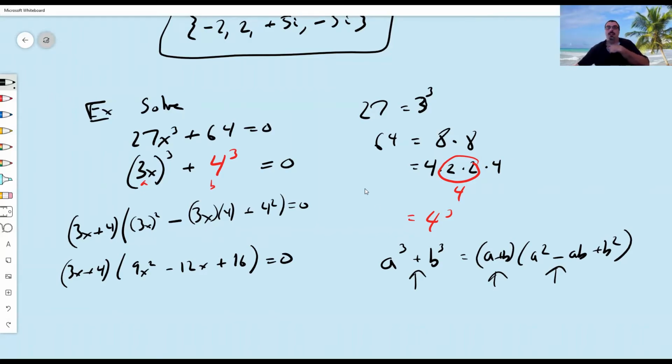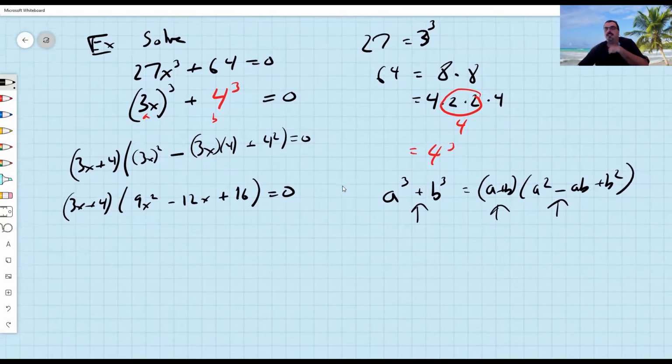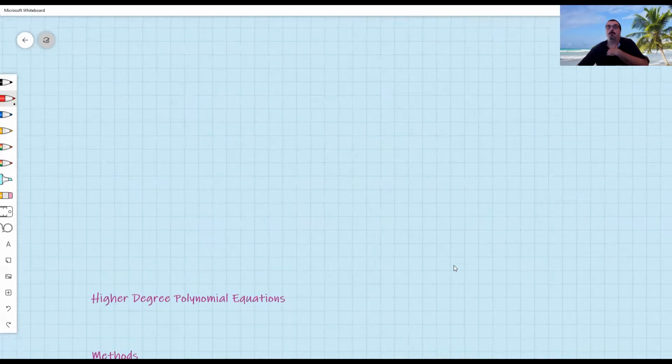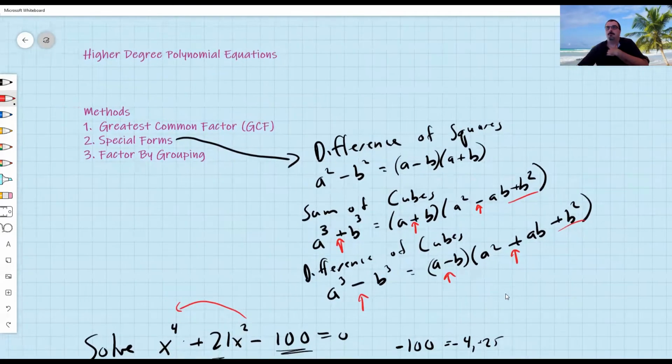And the thing to keep in mind here is, can I factor anymore? In general, this thing here will always be unfactorable.